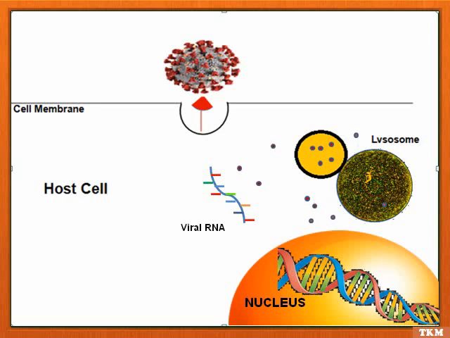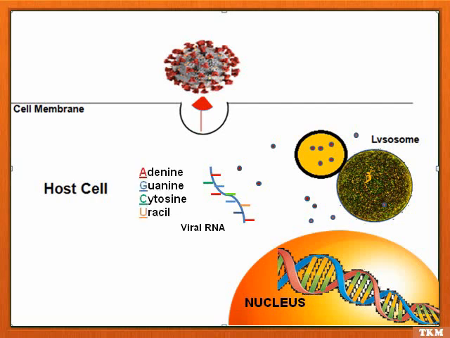The COVID-19 virus is a single-stranded RNA virus. So this viral RNA is the genetic code of coronavirus. The way our DNA is made up of nucleotides, viral RNA is also made up of nucleotides. There are 4 nucleotide bases in viral RNA, a little different from DNA.